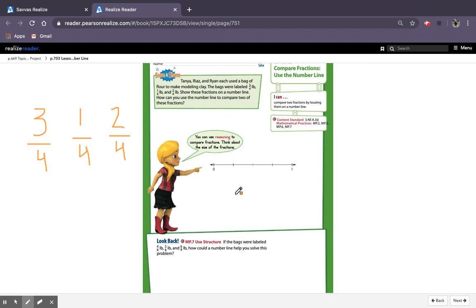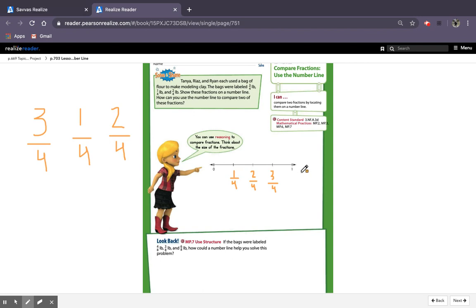So that tells me I can put them in order from smallest to largest by looking at the numerator. I know 1 is the smallest, so 1/4, 2/4, and 3/4.